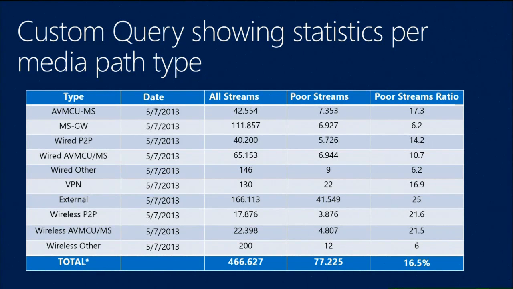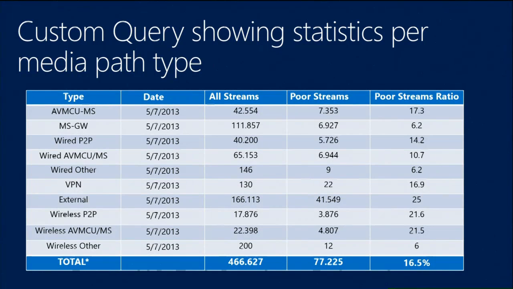And here the definition of poor is stronger than the classified poor call, because we want to make sure that the network is performing well. So in my definition, it's packet loss less than 0.5% and max packet loss rate 10%, I think.